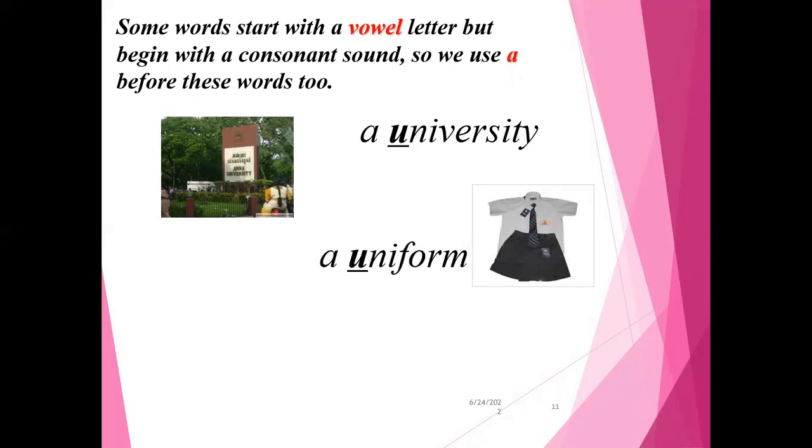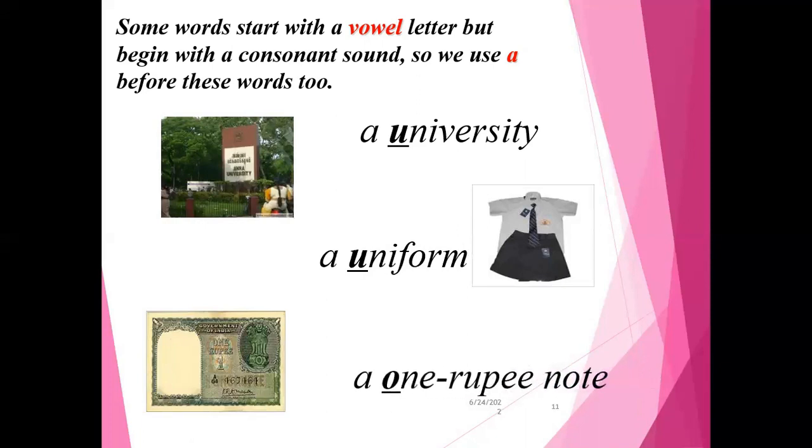Again, the noun starts with U, but it is not producing the vowel sound. Then, a one rupee note: the word one starts with a W sound, not a vowel sound. In any case, if a noun starts with a vowel letter but does not produce a vowel sound, we do not use an before it. Rather, we use a.